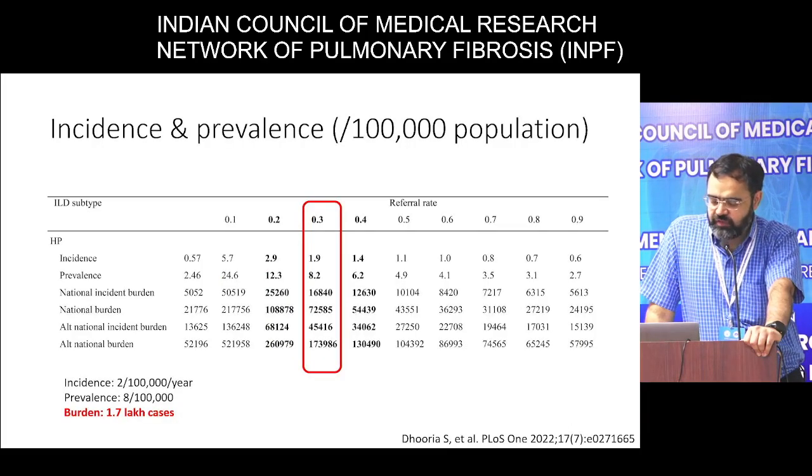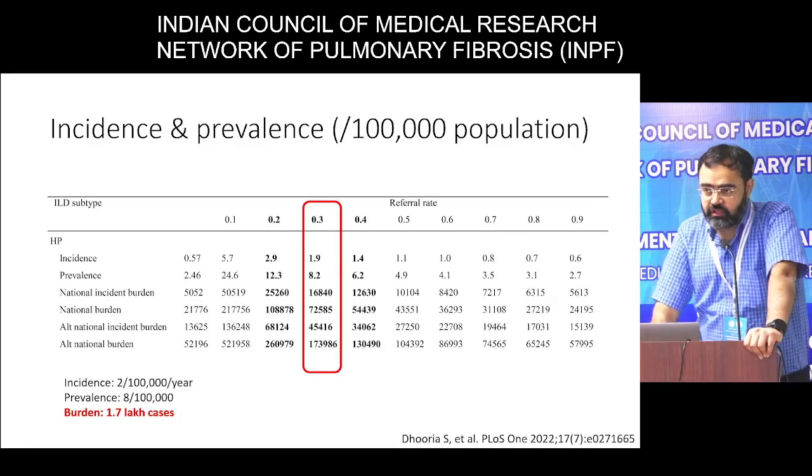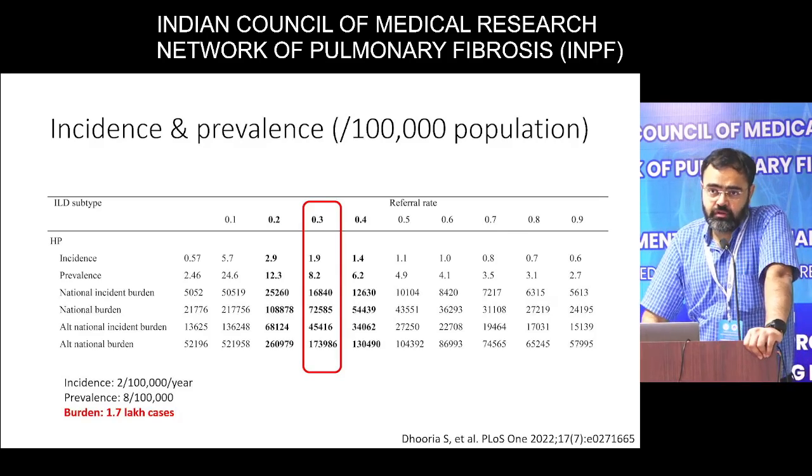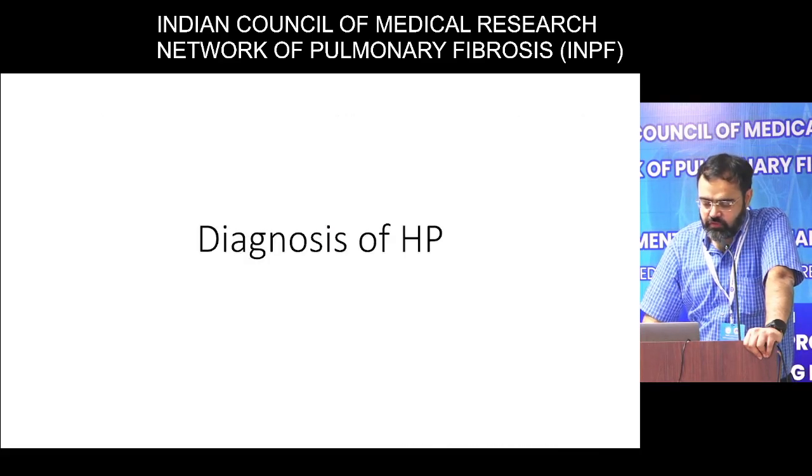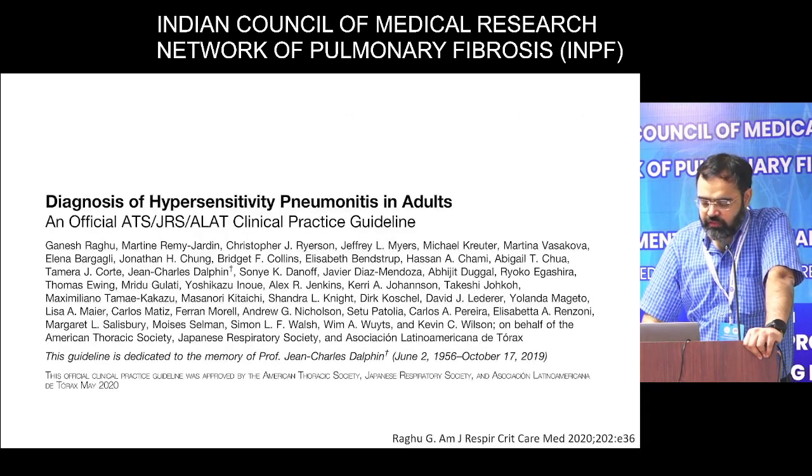So for HP we found an incidence of about 2 to 3 per 100,000 per year, a prevalence of about 8 to 12 per 100,000 population. So it leads to a burden of more than 1.5 lakh cases. So it's a significant burden if we take all the cases together in India, and so HP must be a disease to focus on. So how to diagnose HP?